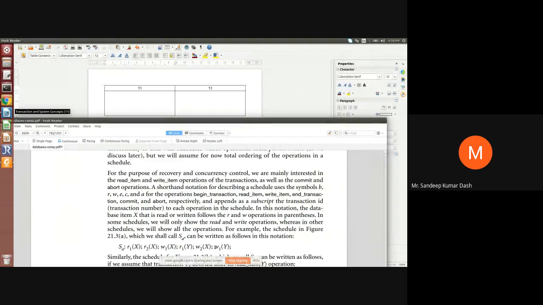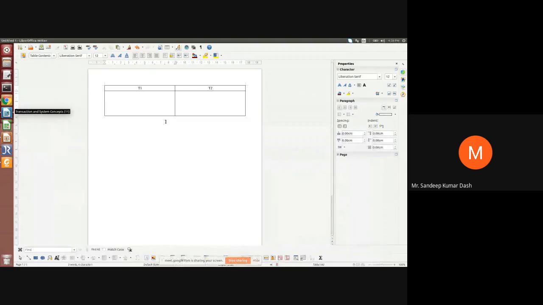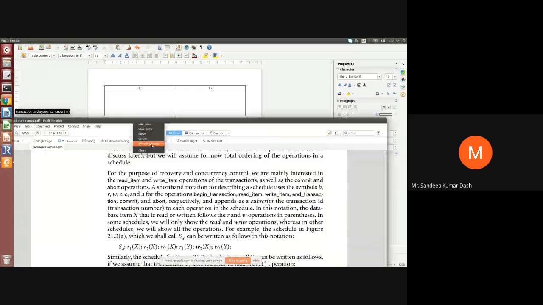If this type of thing is given, then how do you represent it graphically? First is R1X, that means the first operation is for T1, that is read item X.